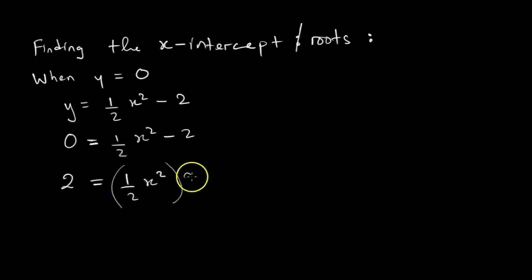It means we have to multiply by 2 here, so that the 2's cancel each other. But whatever we do to the right-hand side, the same should be done to the left-hand side, so that our equations are balanced. So 2 times 2, that is 4, is equal to 1 times x squared, it is x squared.